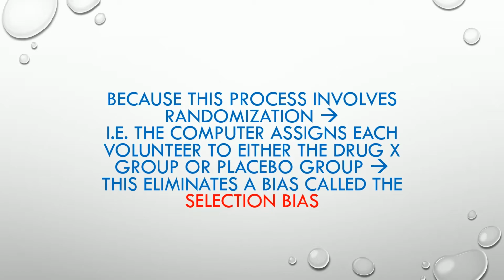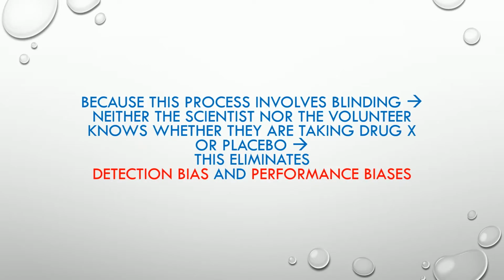Because this process involves randomization, that is, the computer assigns each volunteer to either the drug X group or the placebo group, this eliminates a bias called selection bias. Because this process involves blinding, neither the scientist nor the volunteer knows whether they're taking drug X or placebo.